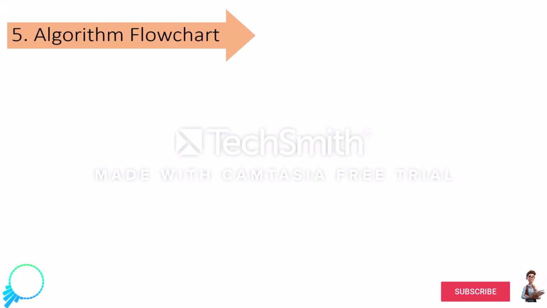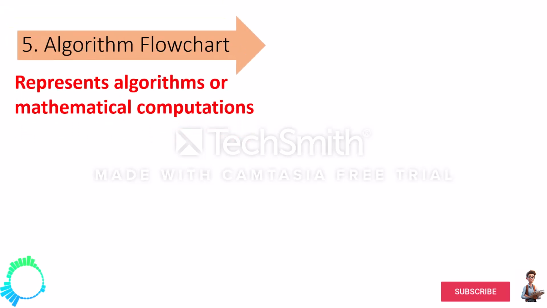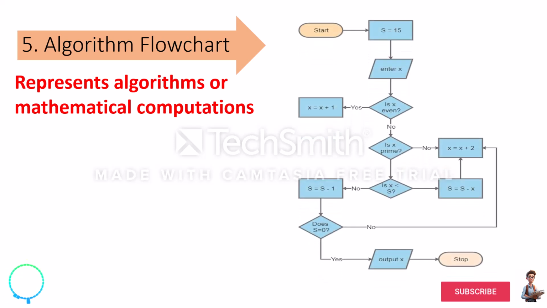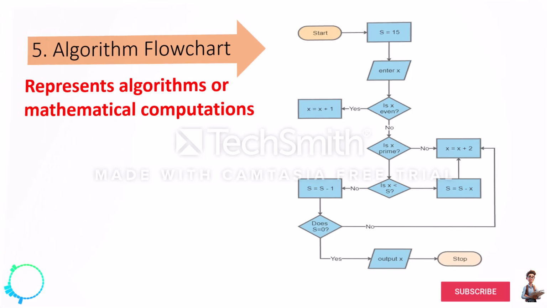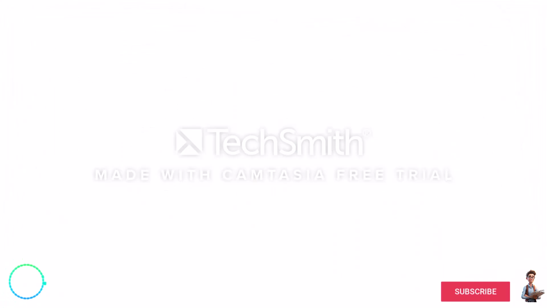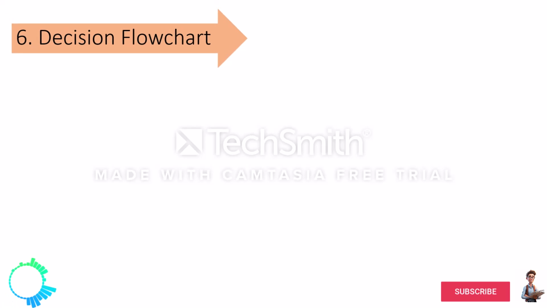We also have the algorithm flowcharts. That one represents an algorithm or mathematical computation. As you can see from the scenario we had earlier, this is a mathematical representation that we can use as an algorithm flowchart. We also have the next one, which is decision flowcharts.